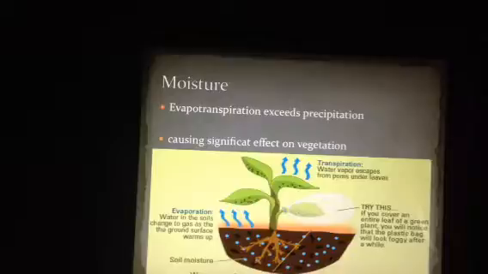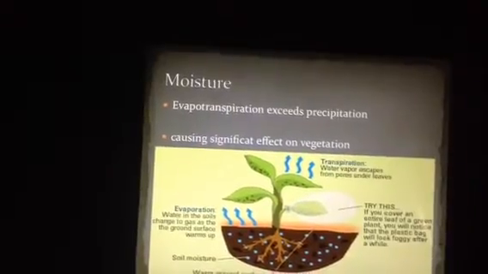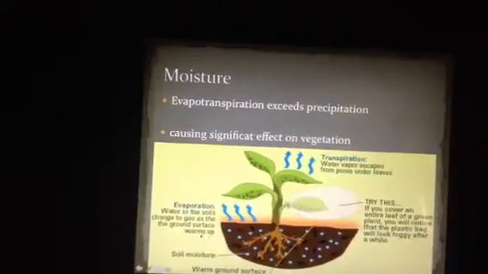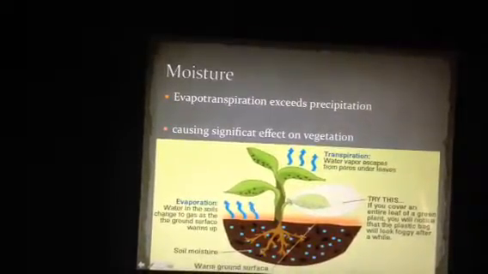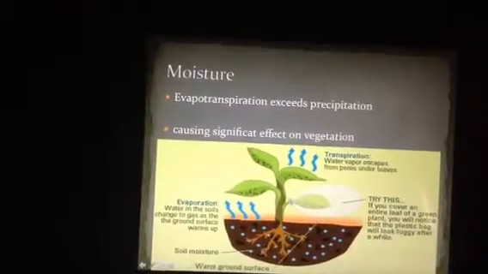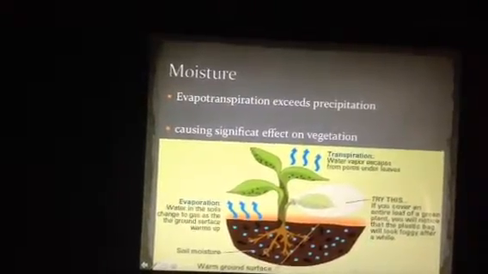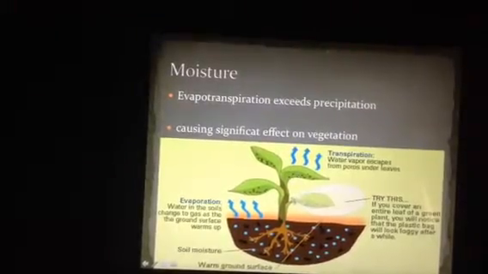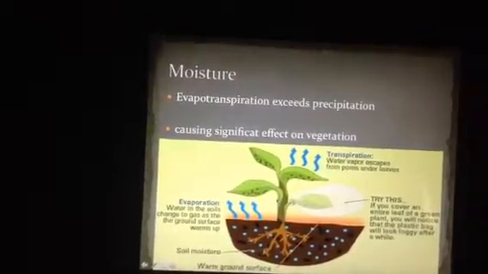In this little diagram you can see little blue dots in the soil, down here at the bottom, the roots of the plant, and these blue lines going upward are the water evaporating from the soil. Then up here on the leaf, you see these little blue lines going up, and that's water being transpired from the plant.